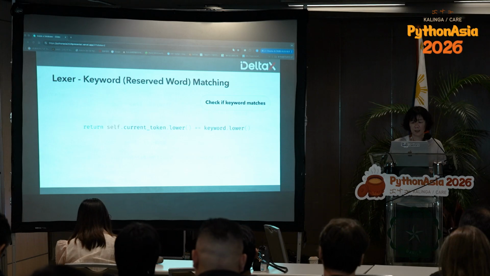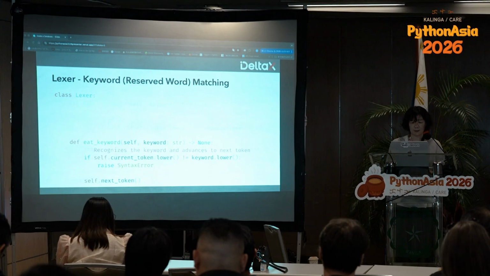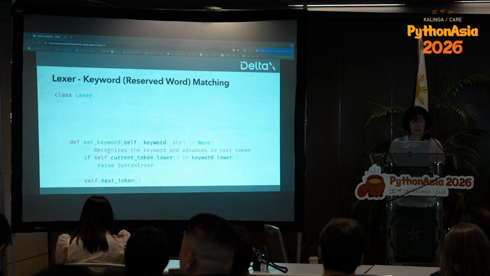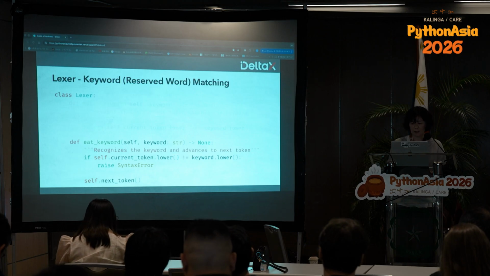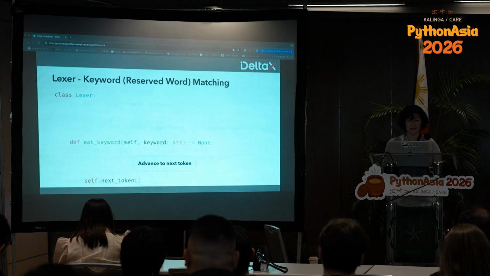There is also an eat keyword method. This method checks the reserved word and advances to the next token. Because each keyword method contains the next token method, it processes tokens from left to right only once and moves on to the next parsing step.